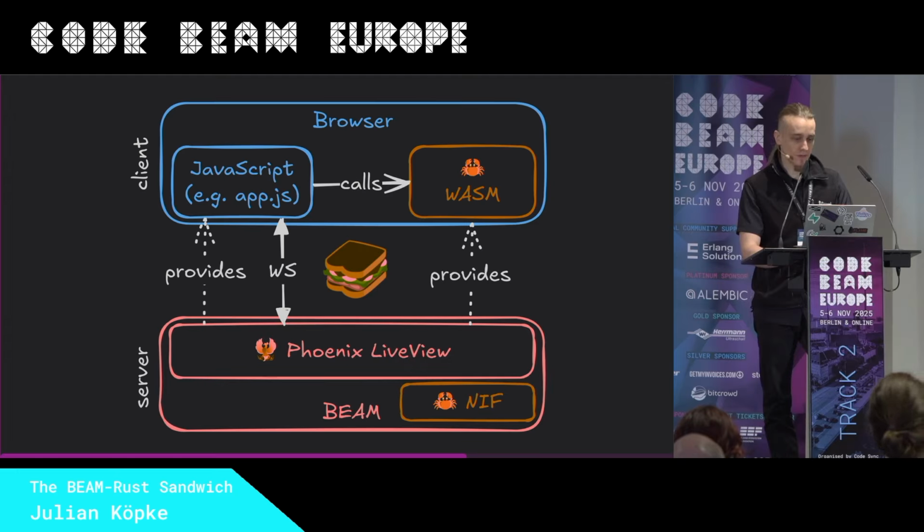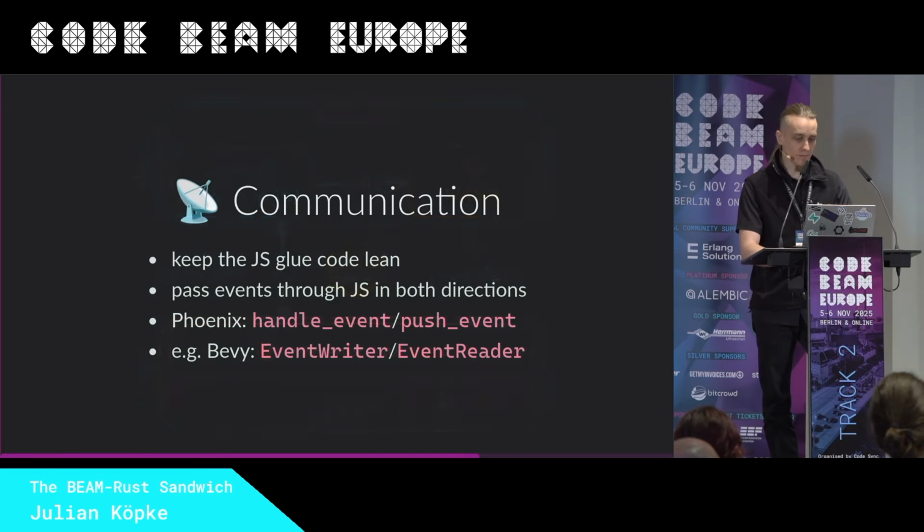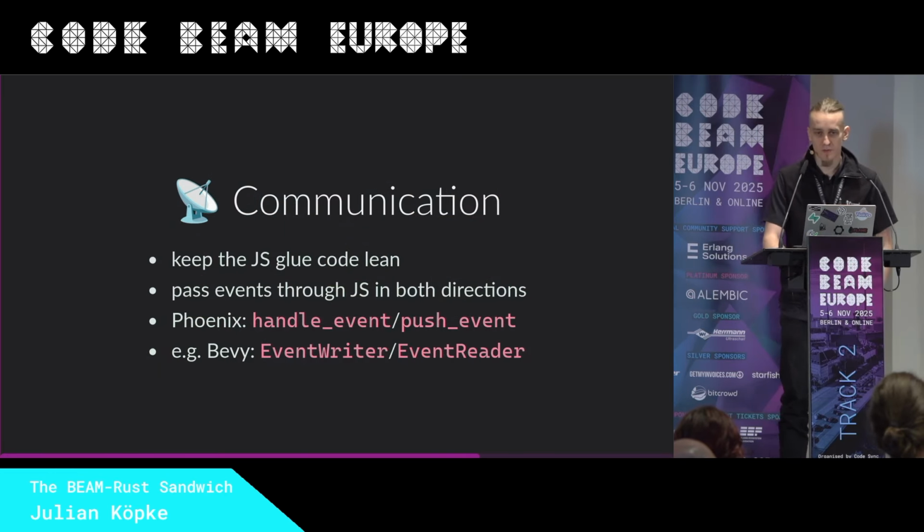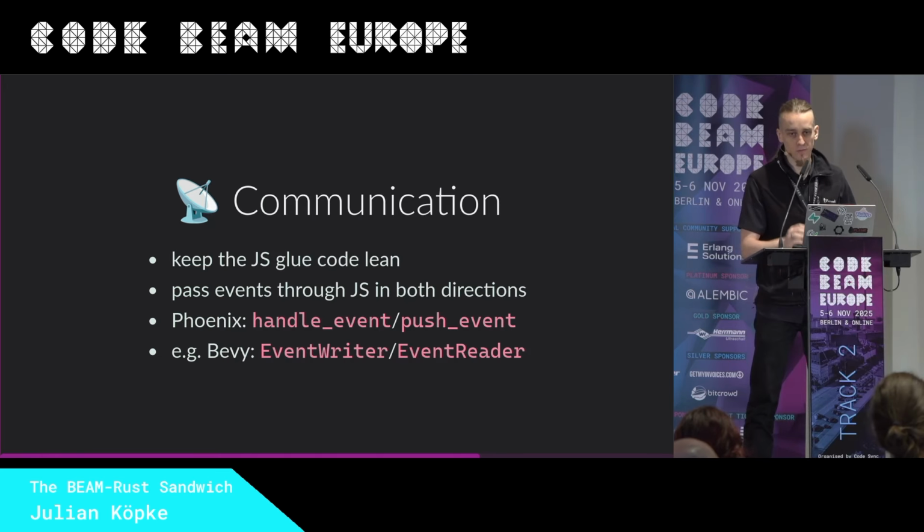So yeah, the Phoenix LiveView provides both the app.js and the WebAssembly, and then it will serve as a server for both. And we will just pass through the events from the WebAssembly code to the server. So we want to keep the JavaScript glue lean, so we don't want to have additional logic in there.